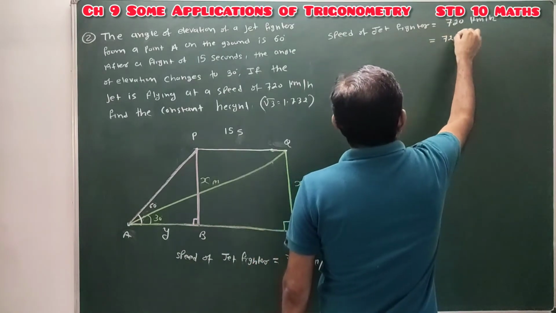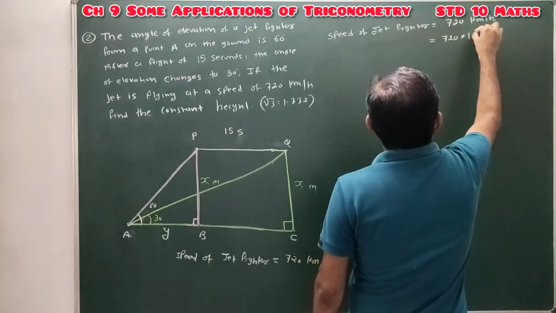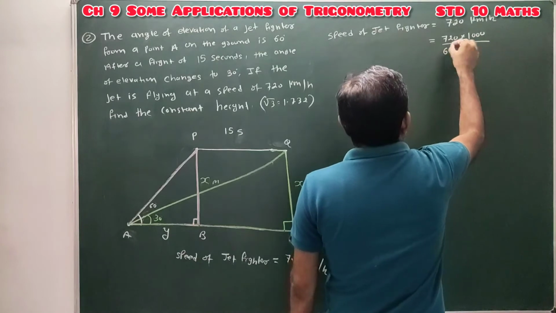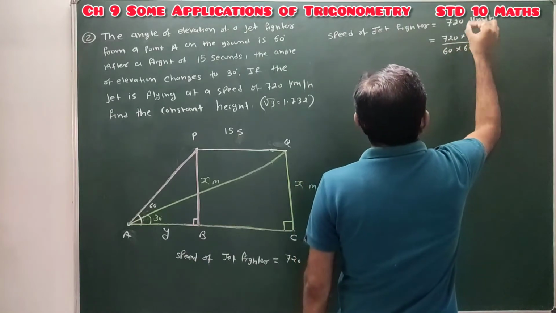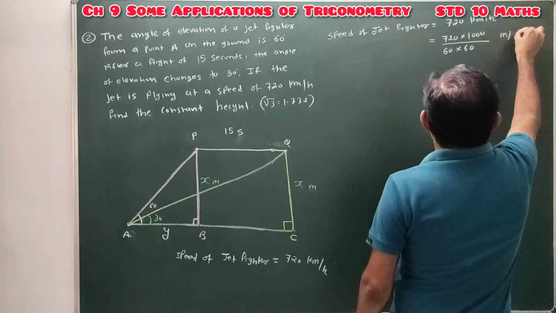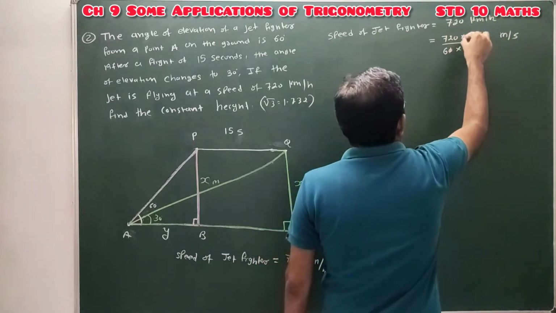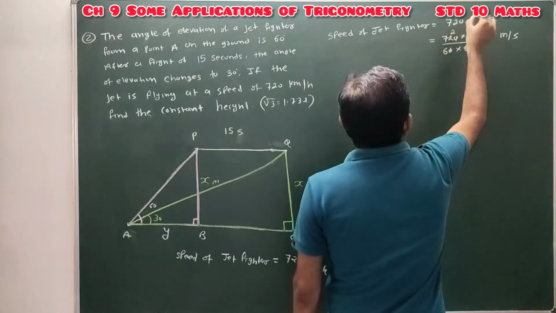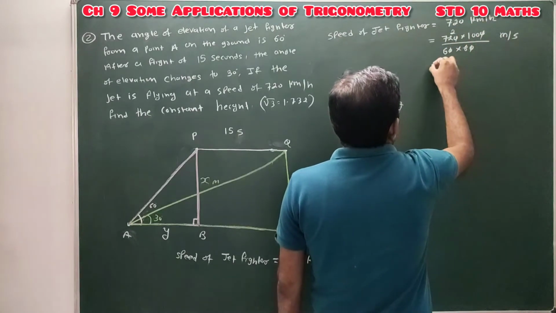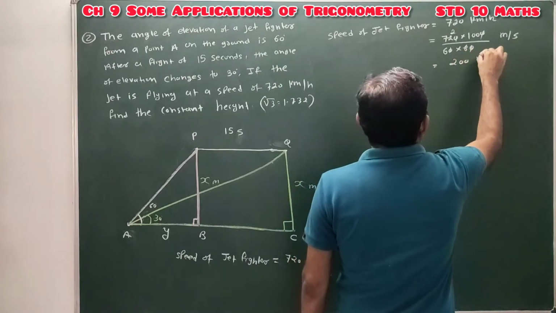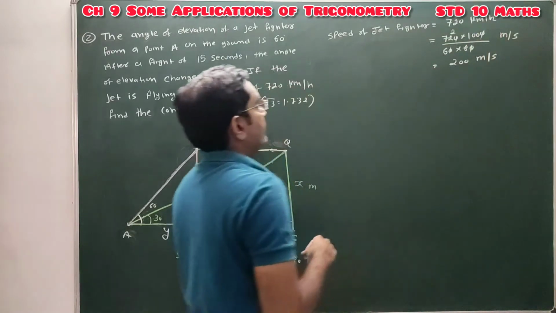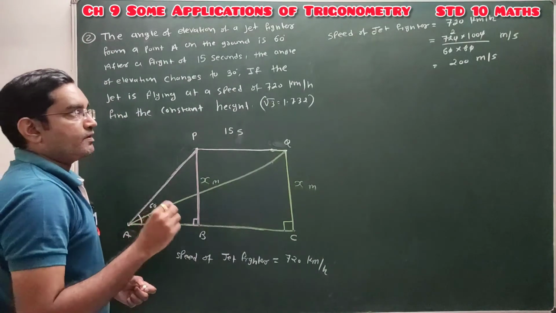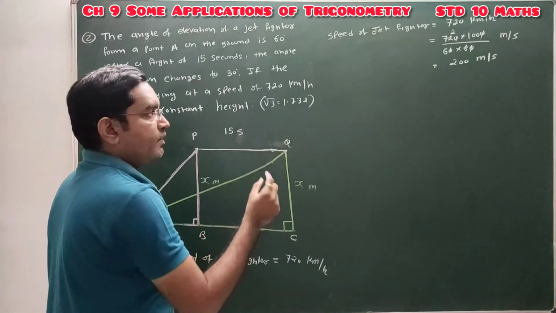So 720 km equal to 1000 meter per hour, 60 minutes into 60 seconds, that is meter per second. 2 zeros will be cut, 6 6 are 36, 2s are, and this will be 200. So this is equal to 200 meter per second. So the speed of jet fighter is 200 meter per second. That means our jet fighter covering distance 200 meter in 1 second.